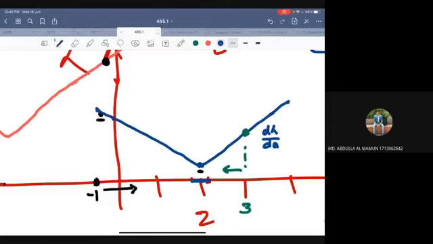Did that make sense? And if my dL by dA is negative, then I am at a place in my loss graph where my loss is decreasing. Decreasing state.